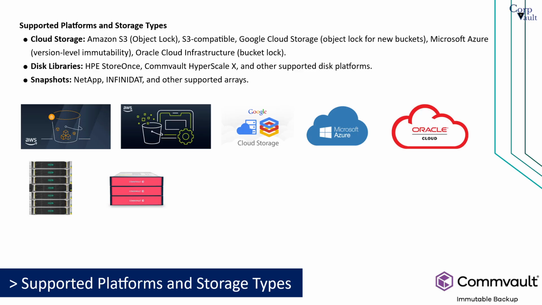For snapshots, WORM storage mode is supported for various vendors, like NetApp, Infinidat, and other supported arrays. For the list of supported vendors, you can go through the Commvault website.